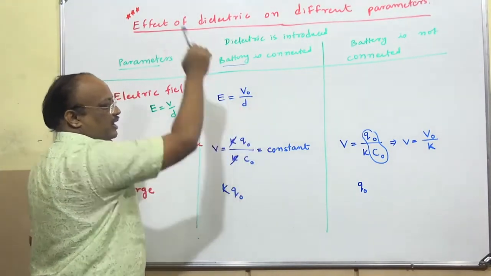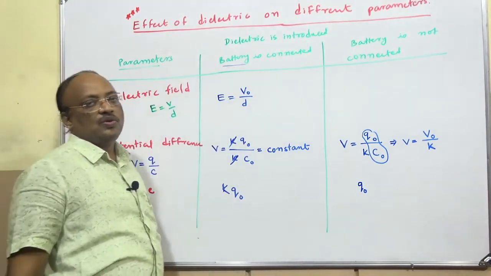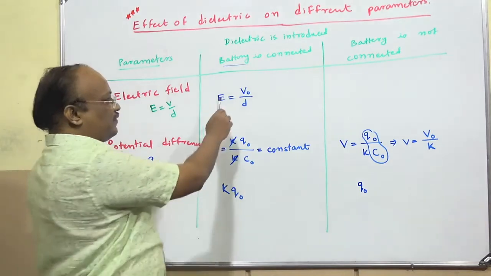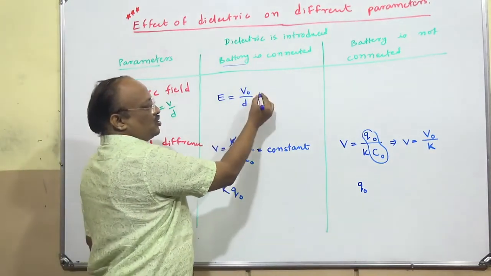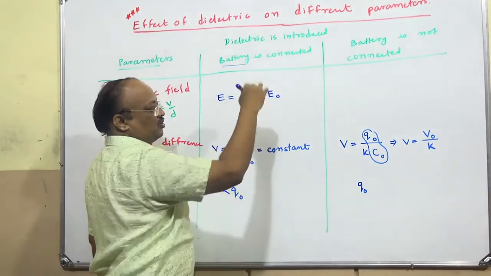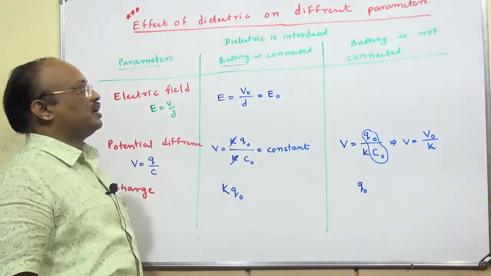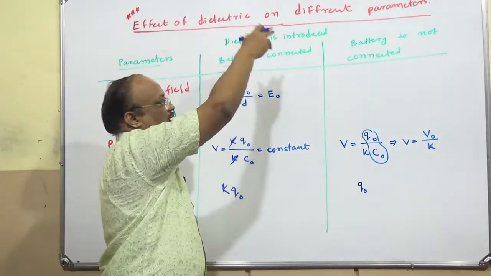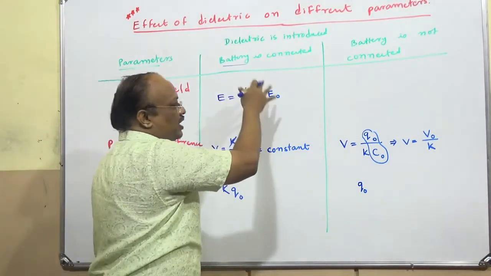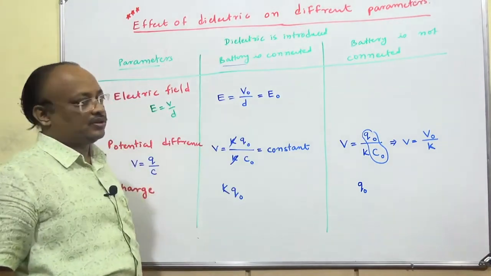Electric field is equal to V naught by D. Electric field remains constant. Though you introduce a dielectric and a battery is connected to it, electric field will remain as E naught.